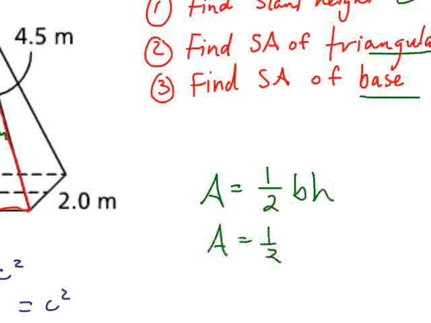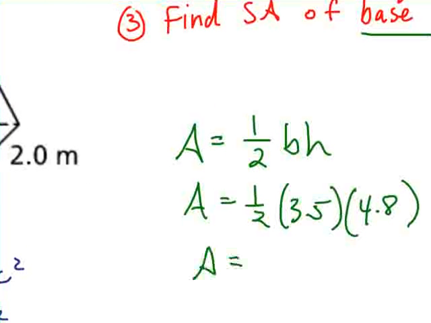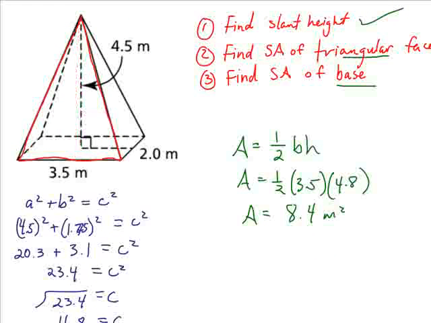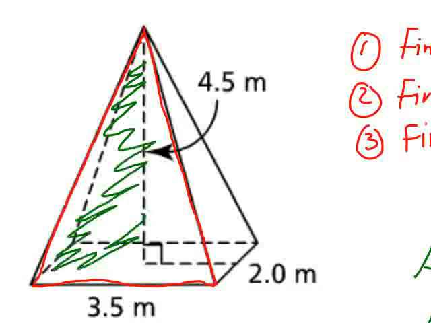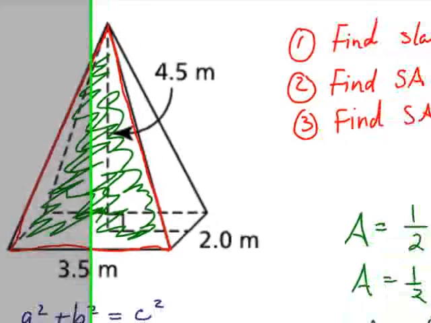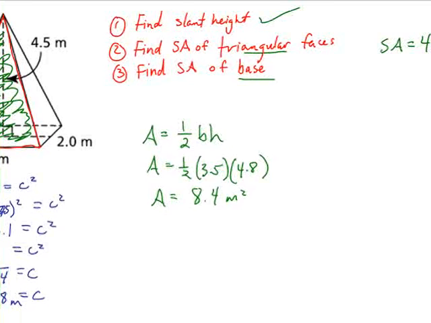So A equals 1/2 base, which is 3.5, times our height, which was 4.8, and now we have a surface area of 8.4 meters squared. Now you have to remember that there is an identical triangular face on the opposite side of this one, so actually we calculated two triangular faces with one calculation.